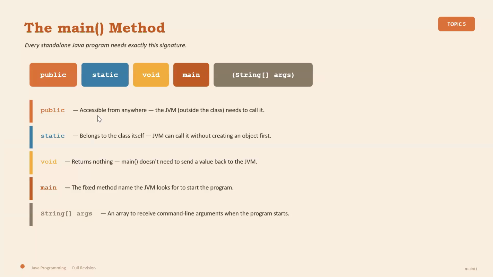So for beginners, think of it as a container that can hold information provided when the program is launched. Most beginner programs do not use command line arguments, but the parameter must still be present in the main method signature. So it's a place to receive information when the program starts.